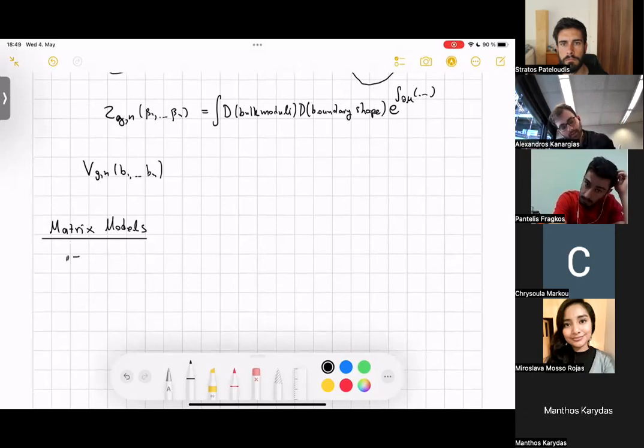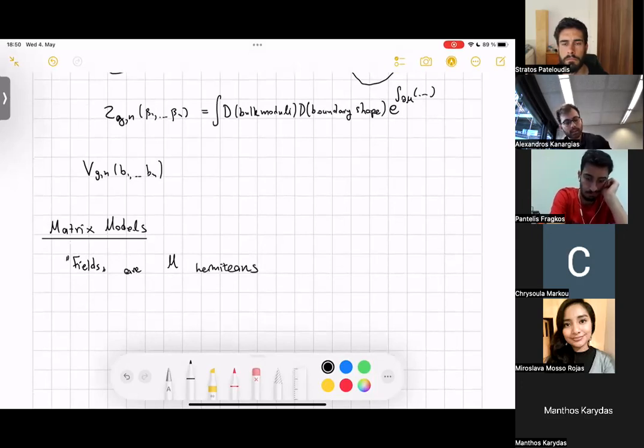The fields here, they're not really fields, but the fields are matrices with values in the real numbers. Sorry, no. They are Hermitian matrices.